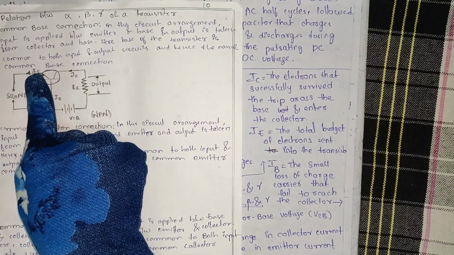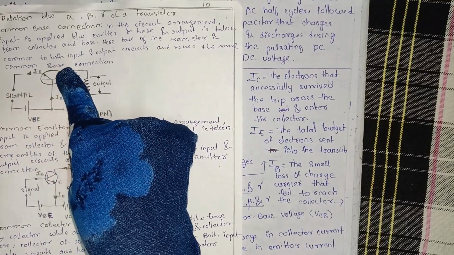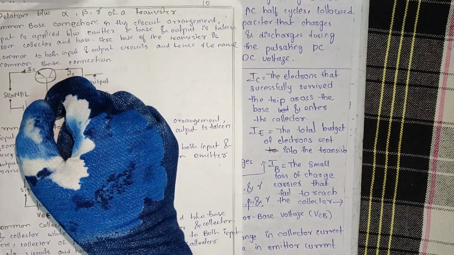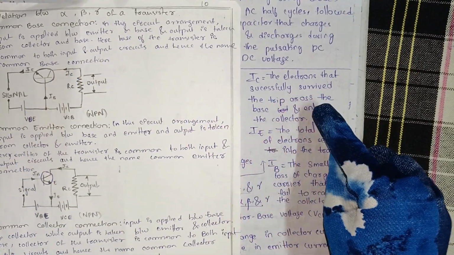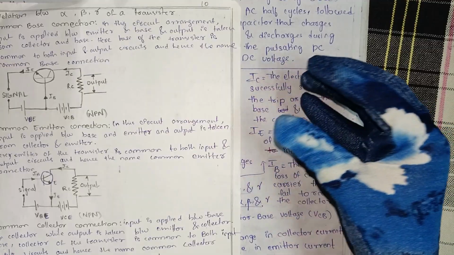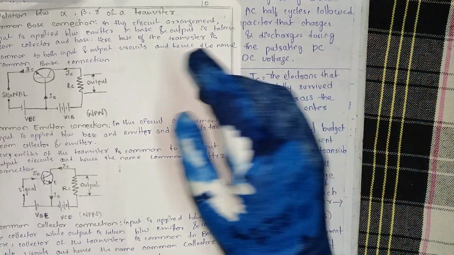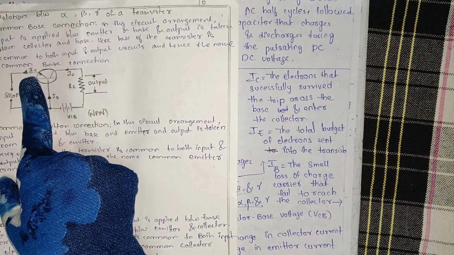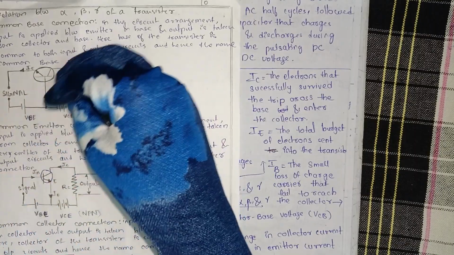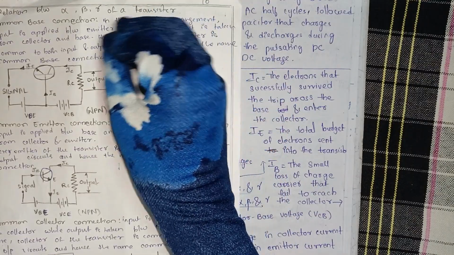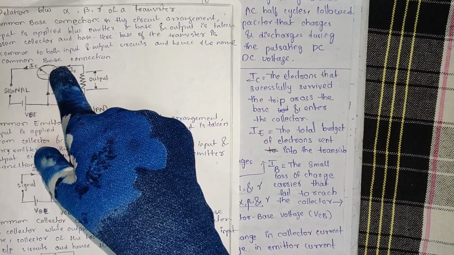Because the base contains holes. So the electrons supplied by the emitter enter the base and do not recombine with holes of the base, reaching and entering the collector.